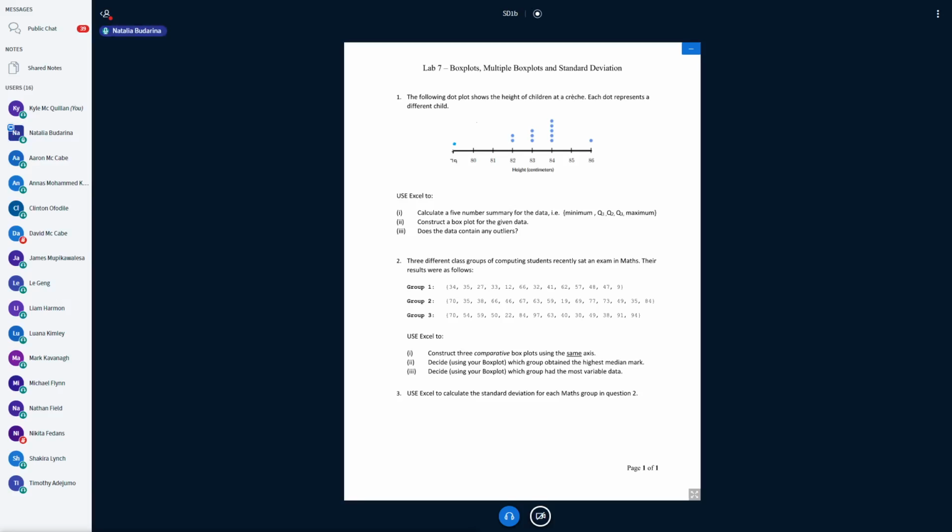Okay, I will start with questions 2 and 3 because they are shorter and will be easier. And then we move on to question 1. So we're going now to Excel.